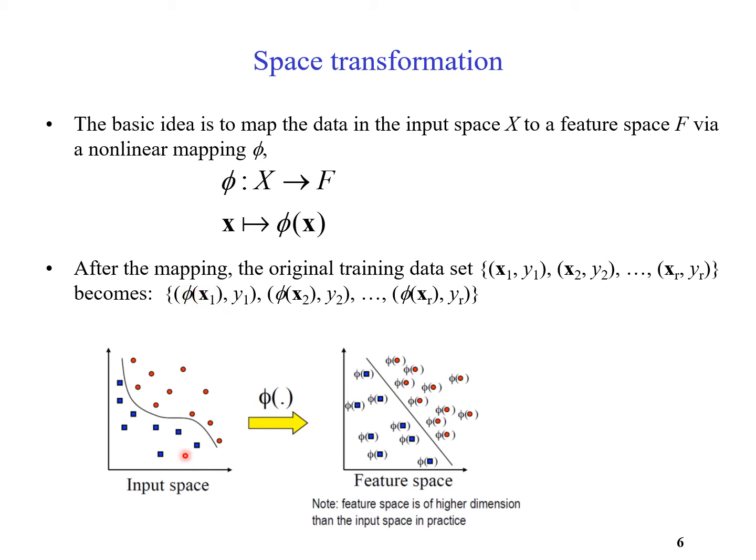Here in the input space, we have data, and this is nonlinear. The feature space means higher dimension, so every data is mapped to a higher dimension using this pi mapping. So in higher dimension, most likely we're going to find a linear line here. So there is mapping from input space to feature space.